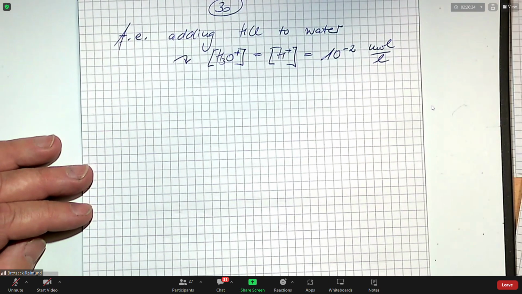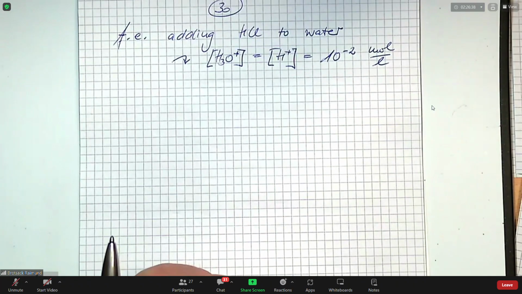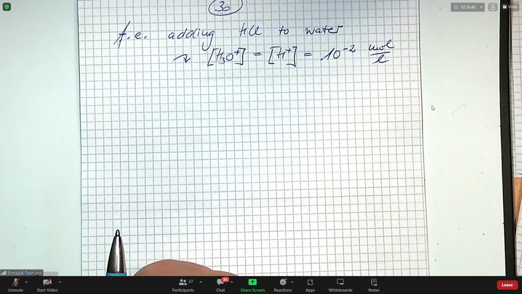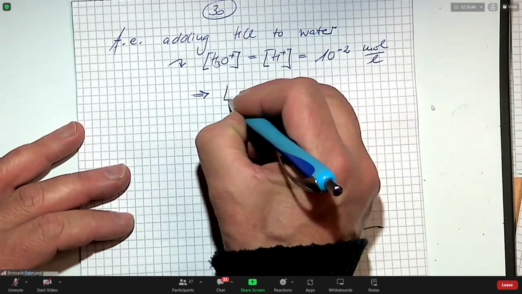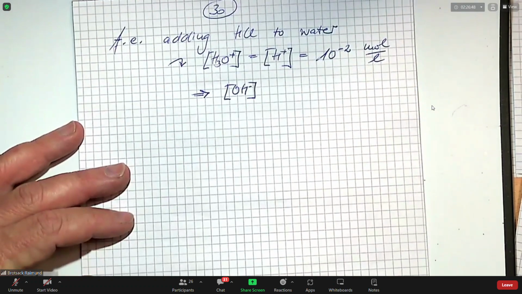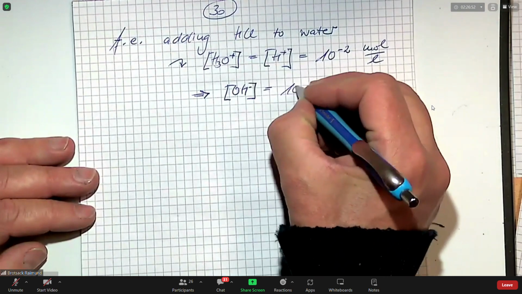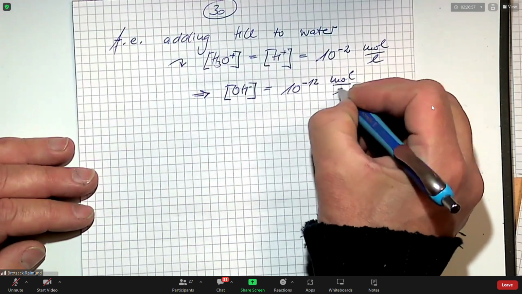We added H plus by adding hydrochloric acid. What does it mean in this example for the concentration of OH minus? It must be 10 to the power of negative 12 mole per liter.